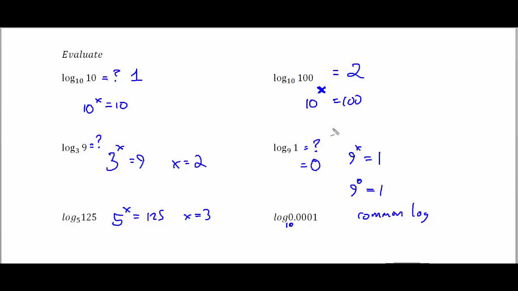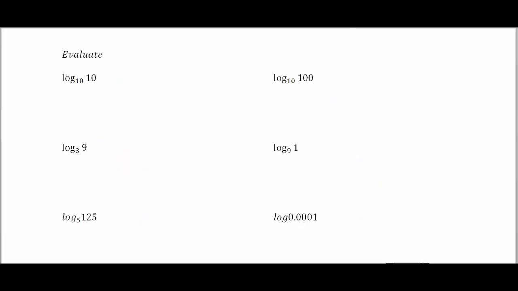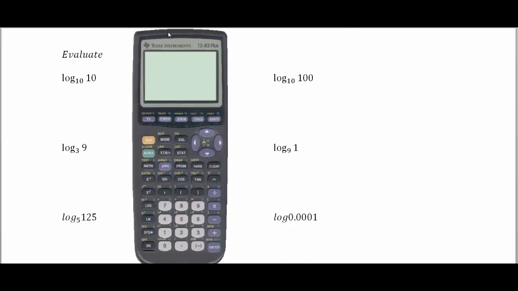And this is the one I'm going to have you use your calculator to solve. By putting your calculator right here on the screen, you'll notice you do have a log button. If I click log and go inside those parentheses with 3 zeros and a 1, this would be 1/10,000th, and this would give me an answer of -4.